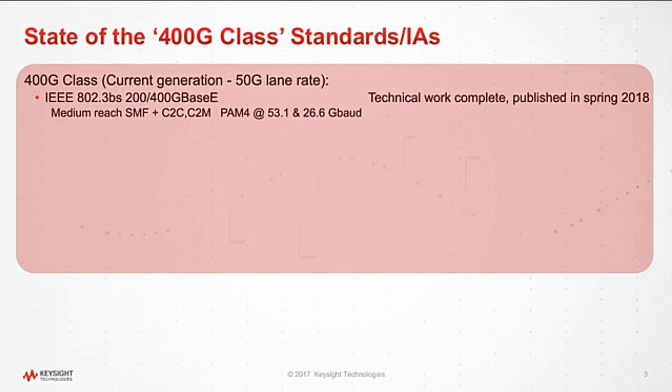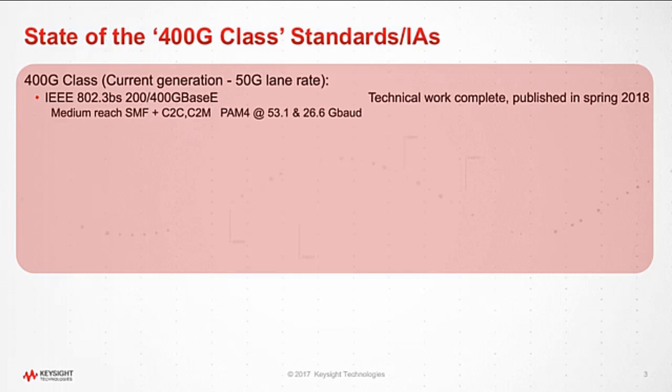This is single mode fiber optical links along with the chip-to-chip and chip-to-module interfaces. The technical work on this standard is all complete now. It's been complete for a couple of months. It's in the process of a formal balloting and will be published in late spring 2018.